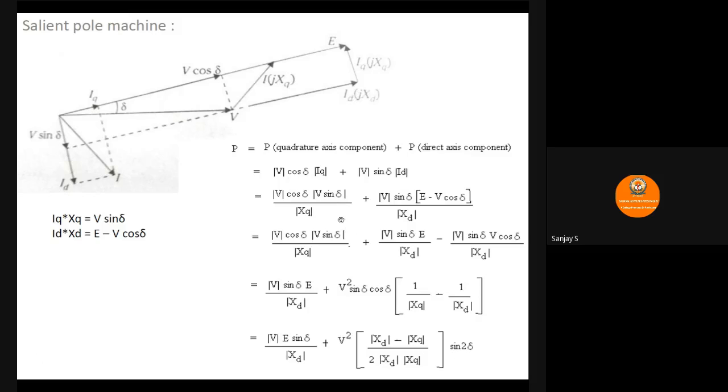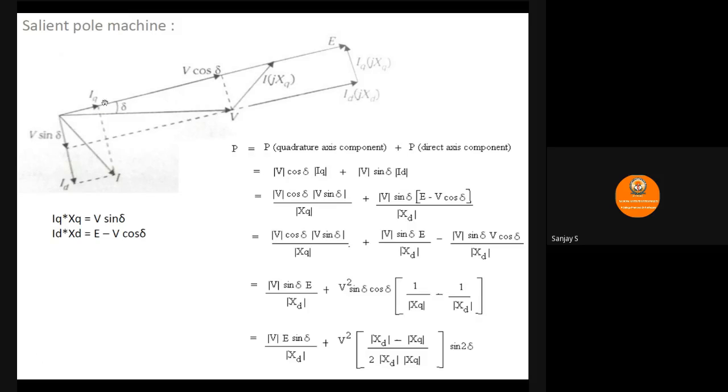So from the vector diagram, we have substituted for ID and IQ. If you want to understand that clearly, once again, you can just see this particular vector is basically IQ. And then you are having V sin delta. This part is V sin delta. And here is your angle delta.